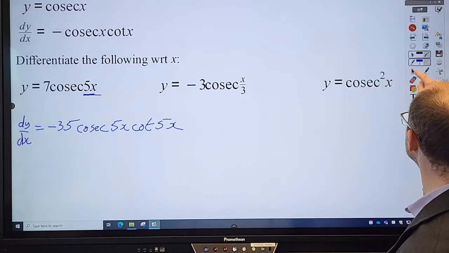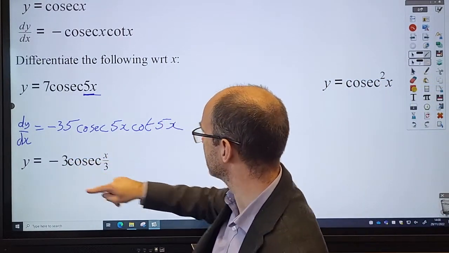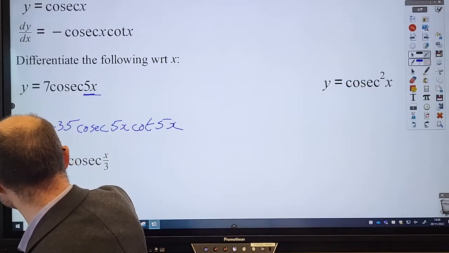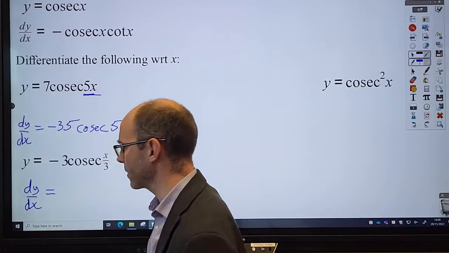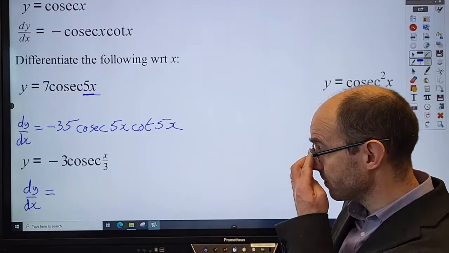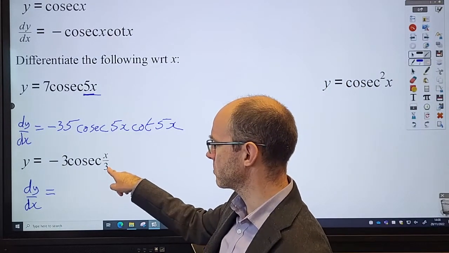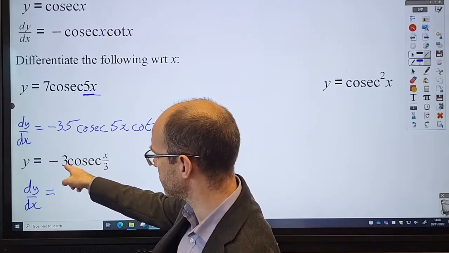Next, let's do this one. I'm going to put this one down by here. Let's see if I can get away with that. I'm going to try and do this one in one line as well, and I'm going to hope that you understand it too. At some point, of course, we'll have to differentiate x over 3. That's 1/3 x, so you get a third, and then times it by 3, we get 1.